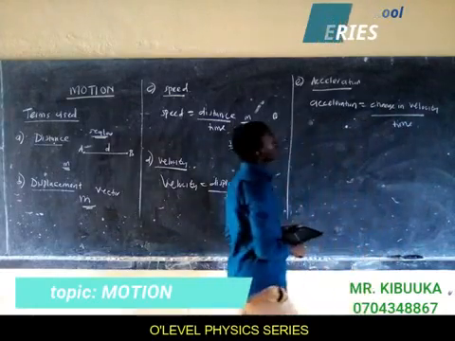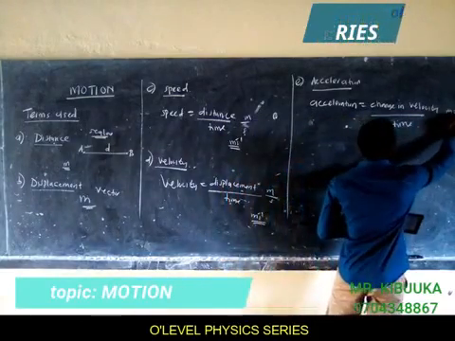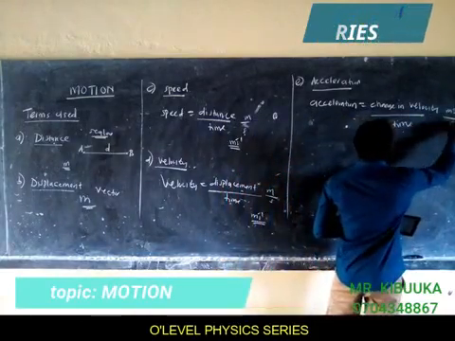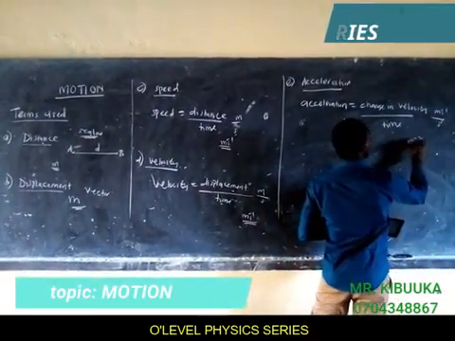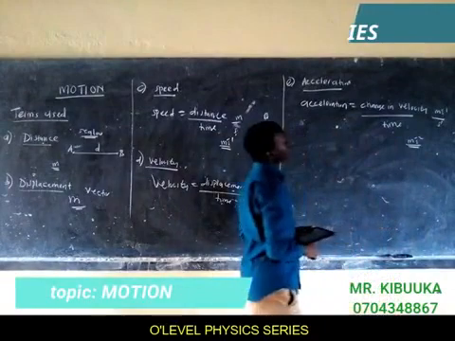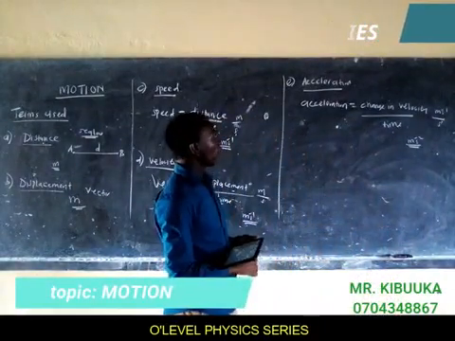Velocity is in meters per second, divided by time in seconds. The seconds go upwards, giving us meters per second squared. Meaning acceleration is measured in meters per second squared.